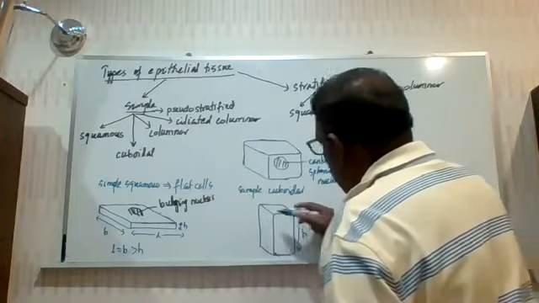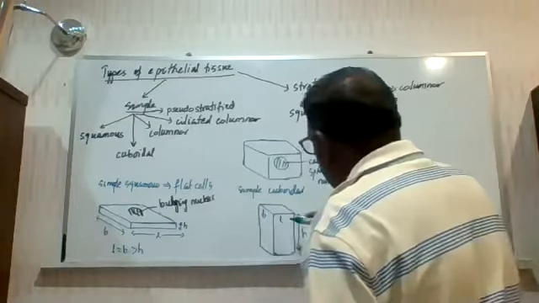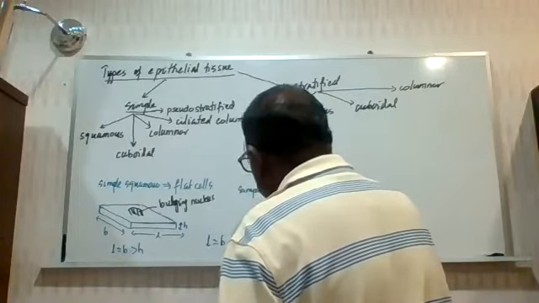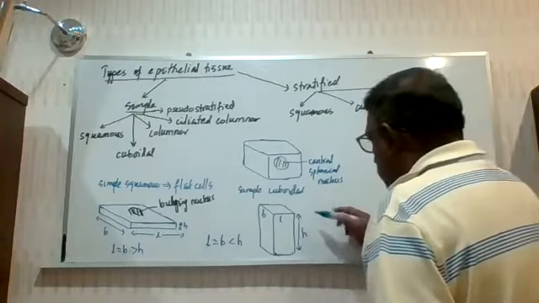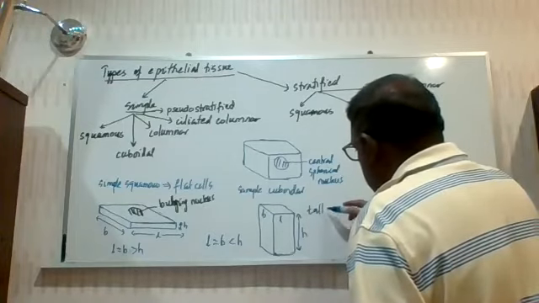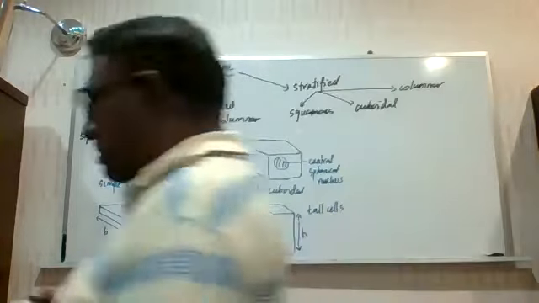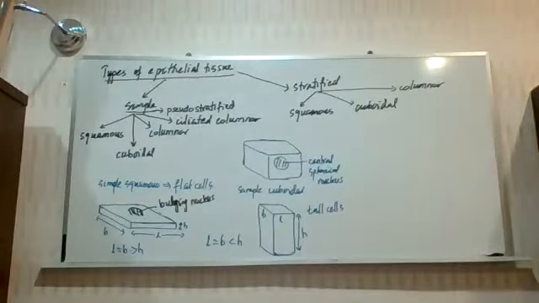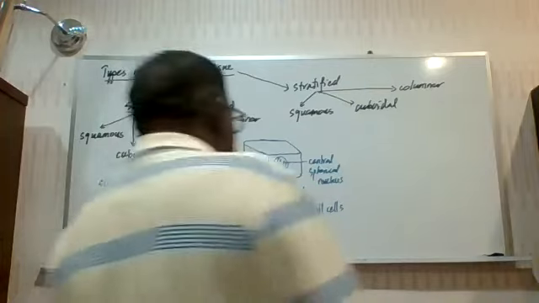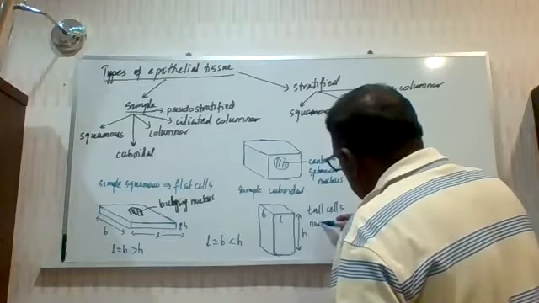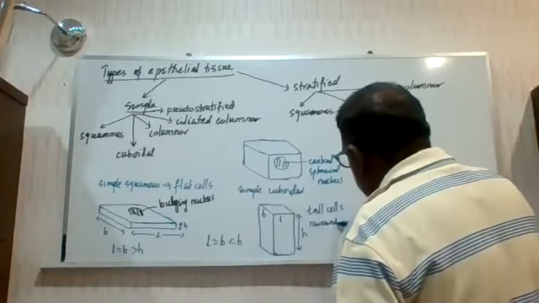The length is roughly the same as the breadth, but both are very much smaller than the height. So these become tall cells, which gives you a columnar appearance. The cells are a bit narrow, tall and narrow.